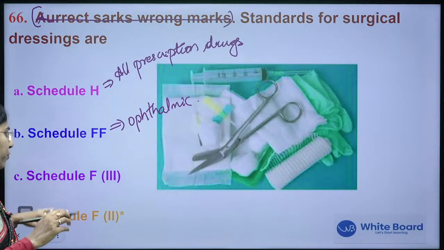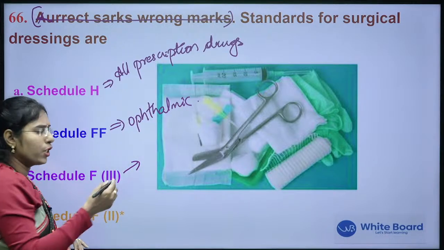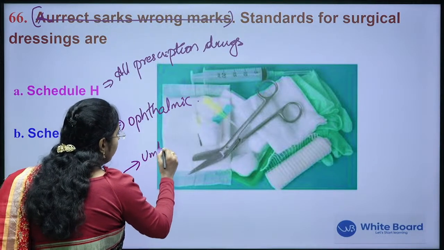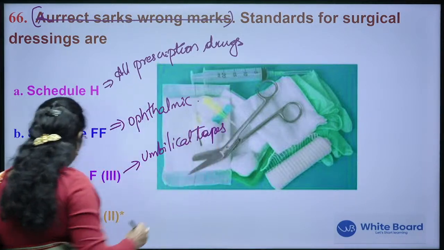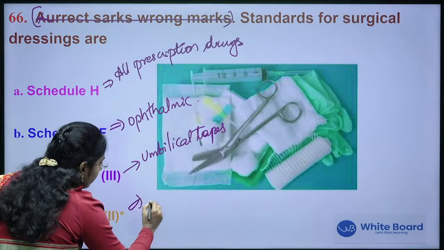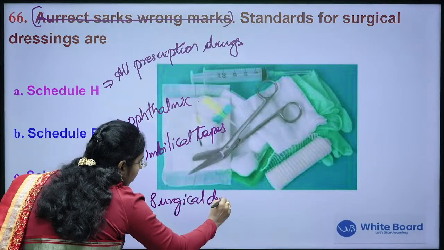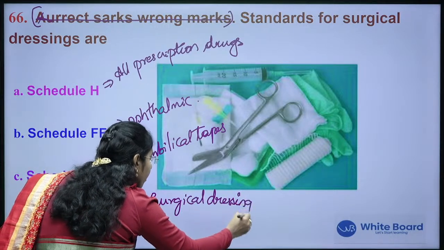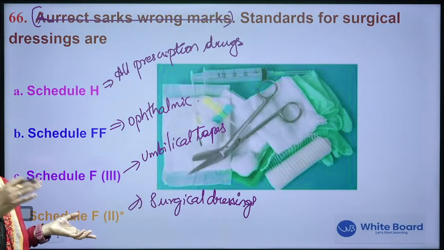Schedule F3 includes standards and regulations for umbilical tapes. Schedule F2 is used for surgical dressings. And Schedule F for blood bank and Schedule F1 for vaccines.